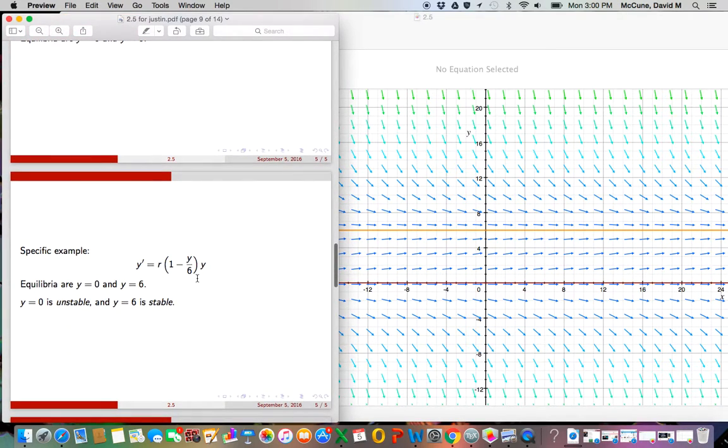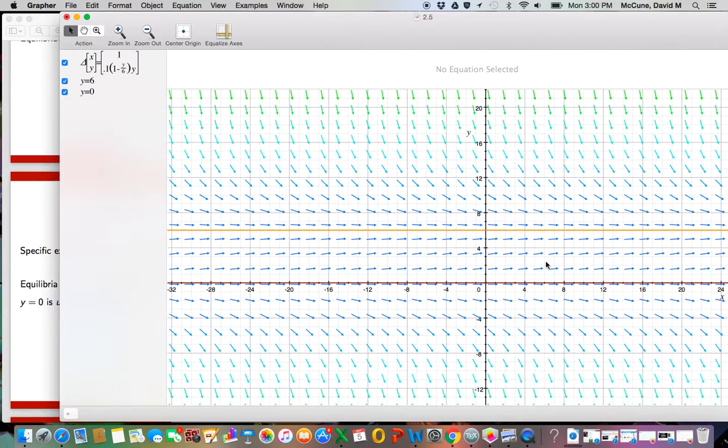Okay, so the technical language here is y equals 0 is called unstable, y equals 6 is stable. What it means for something to be stable is that things flow towards it. To be unstable means that things flow away from it. So in this picture, you can clearly see that y equals 6 is stable because things are flowing towards it.